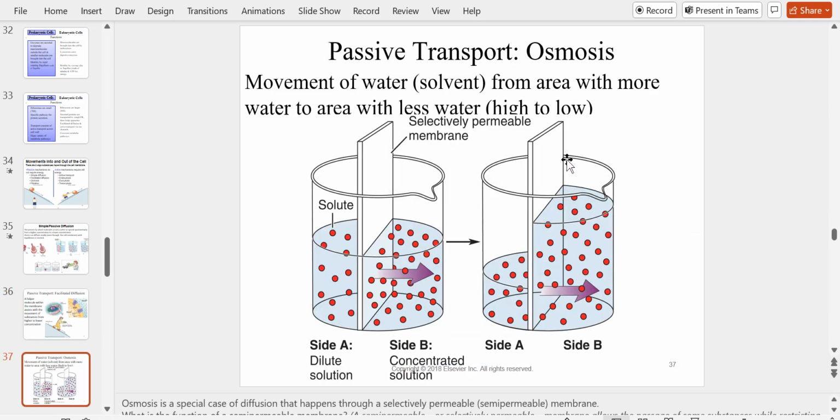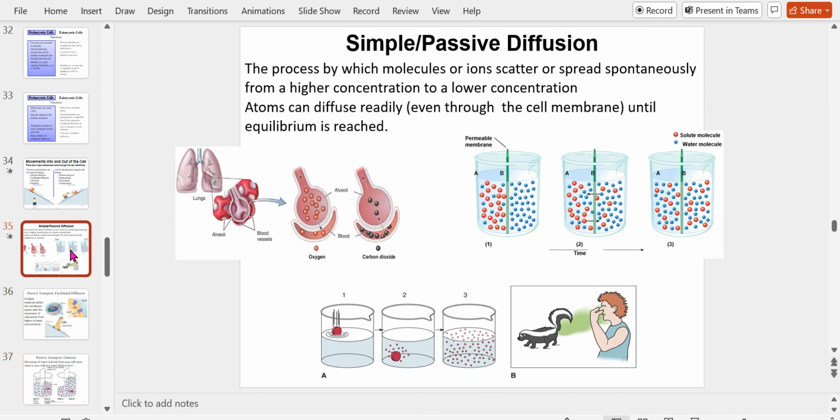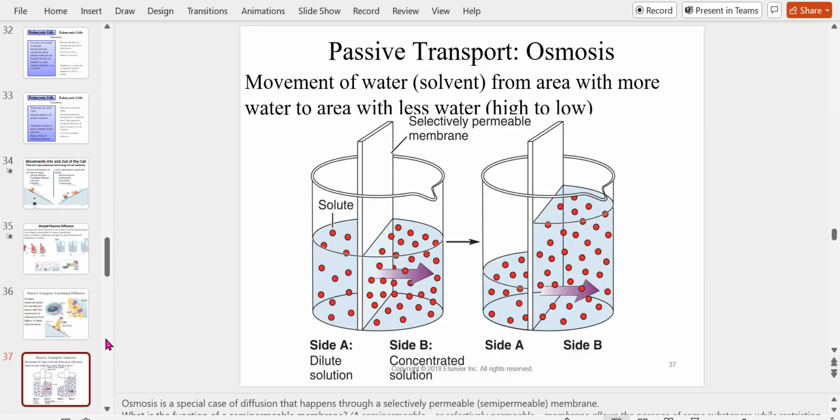Osmosis, we talked about this there last week. Here we're not talking about the movement of particles like we were talking about with diffusion. Okay, here we're talking about the movement of water. And water will move from its high concentration to a lower concentration of water.